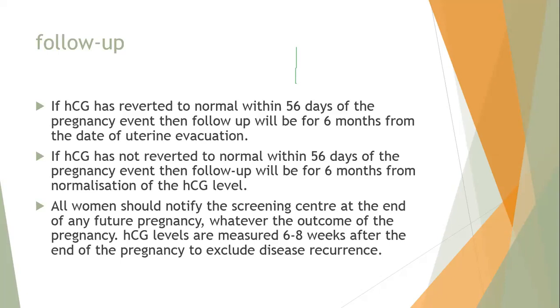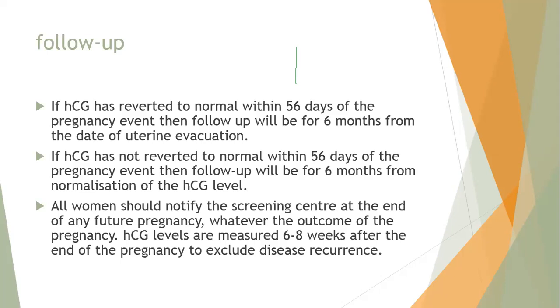And all of them must notify the screening center at the end of any future pregnancy, whatever the outcome of this pregnancy. And beta HCG level must be measured 6 to 8 weeks after the end of any future pregnancy. But please remember the cut line, which is 56 days.